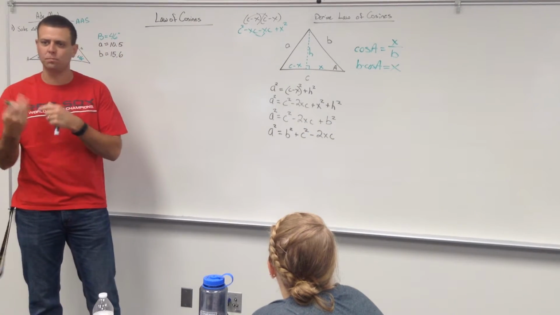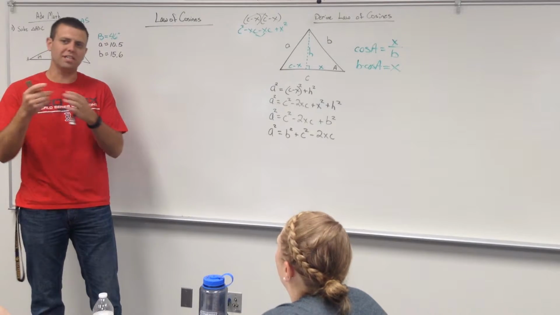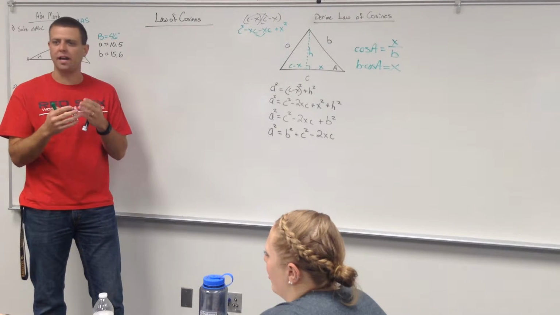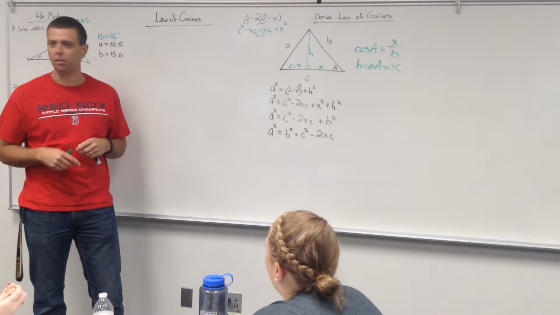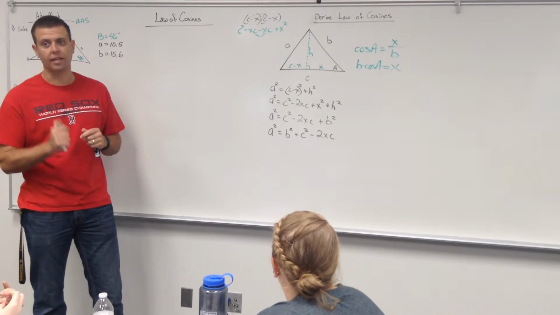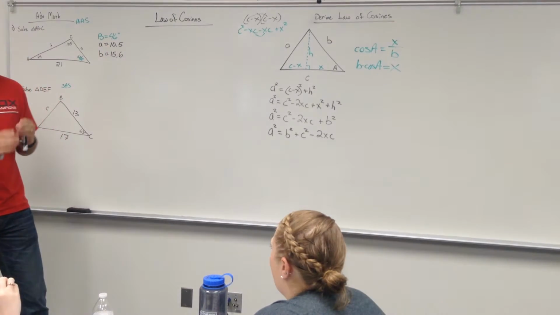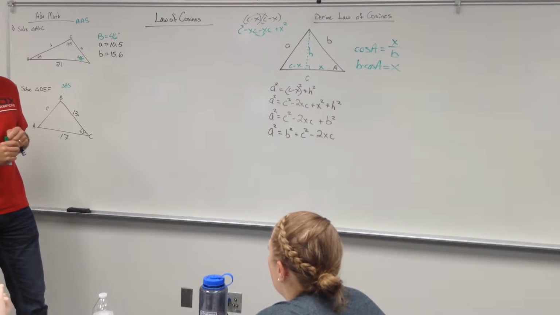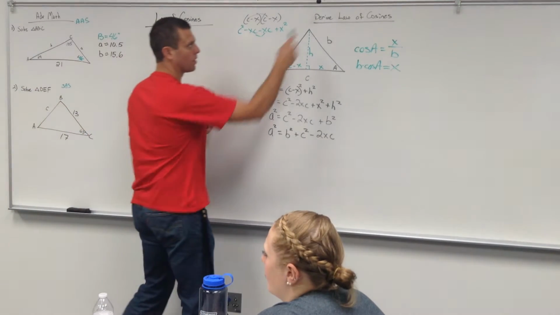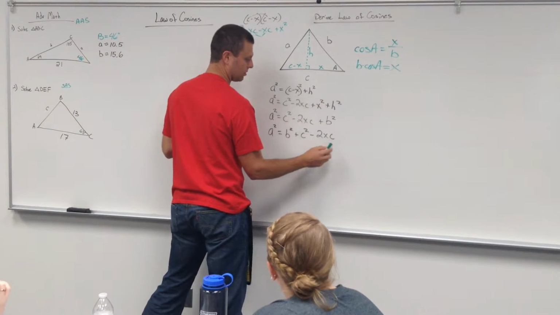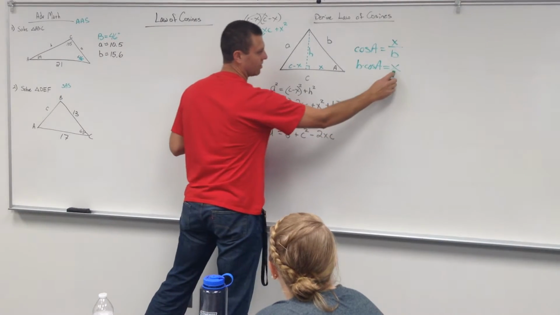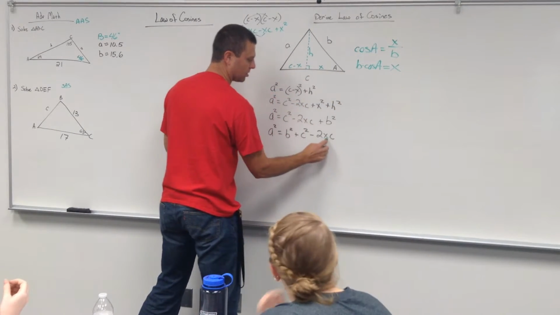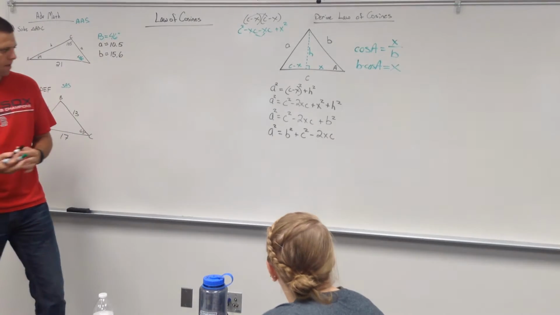I want to have all A's, B's, and C's. So I don't need to split up a triangle and call different variables, but you certainly can. Like I said before, you can almost always split things up into right triangles and get by with it. But my goal in the law of cosines here is to get everything in terms of A, B, and C. So now since X is equal to this, I can substitute this in for that X, right? Yes. Right?